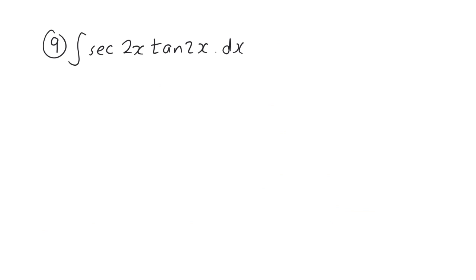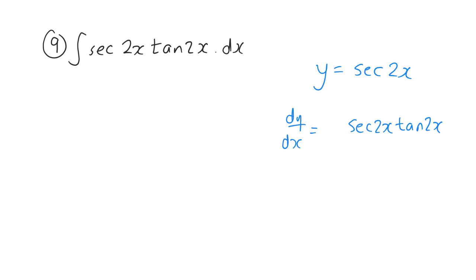Number 9, then we're integrating sec 2x tan 2x with respect to x. So again, you have to think, well, what can I differentiate to get sec tan? Well, if we differentiate sec 2x, and again, this is where your formula booklet comes in handy, we would get sec 2x tan 2x times 2.